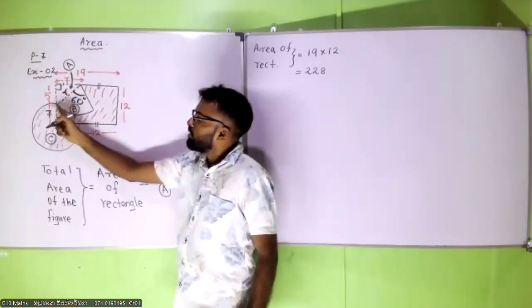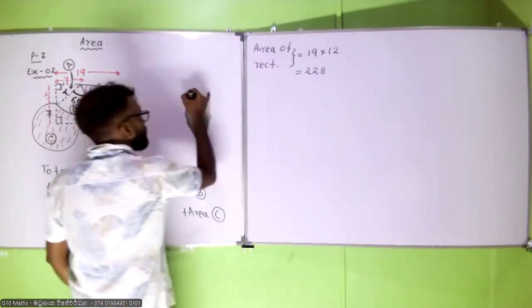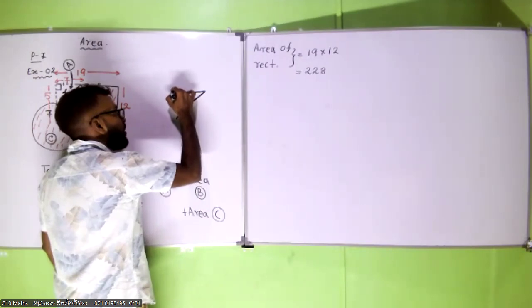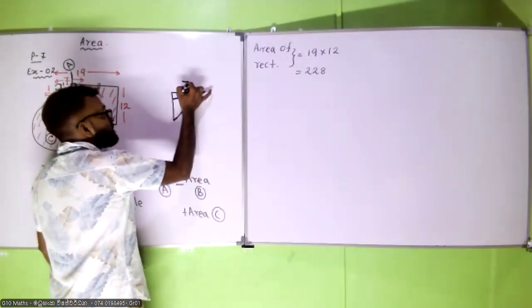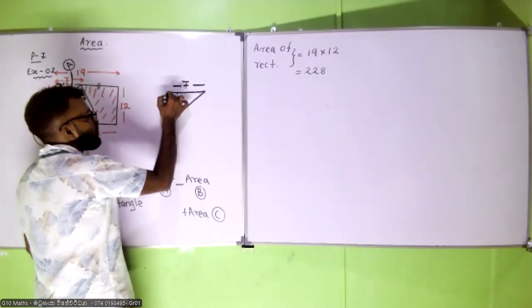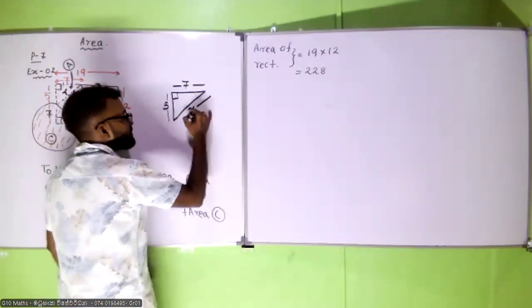This is a right angle triangle, so I will draw it separately so you can see it. This length is 7. This length is 5. You have to find this R, which is the hypotenuse.